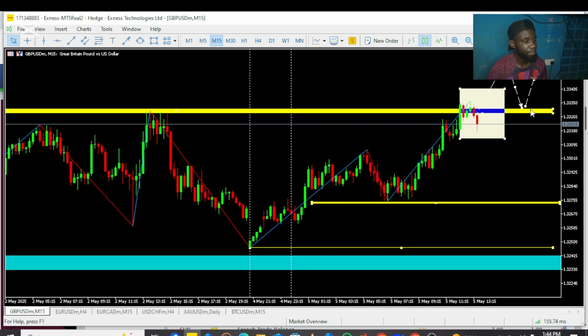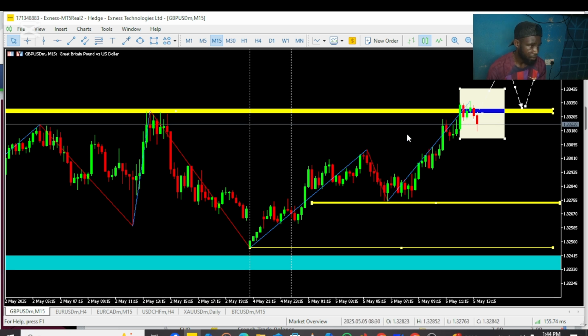One thing about trading is that since we have identified the trend on a higher time frame, which is daily and H4 time frame, there's nothing you will be expecting from the market again, since you have identified that it is an uptrend. You just come to the M5 or 15 minutes time frame and just wait for the setup and your entry.